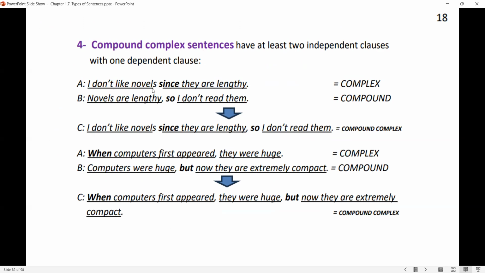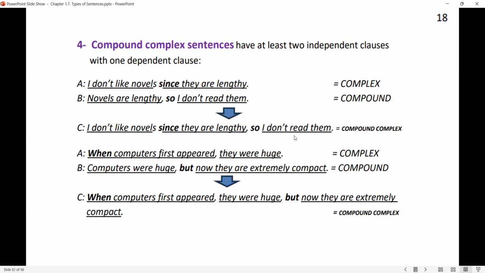Sentence A: I don't like novels since they are lengthy. Here, since gives us a reason. Since means because. Novels are lengthy, so I don't read them. It's a compound sentence; so means as a result. Now let's just join them to make a compound complex sentence. I don't like novels since they are lengthy, so I don't read them.